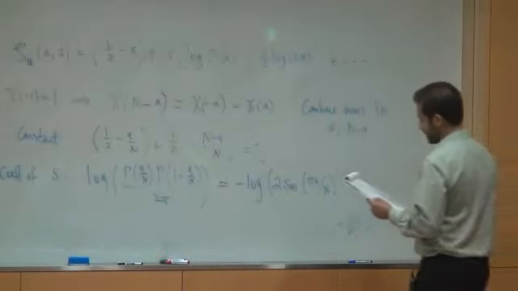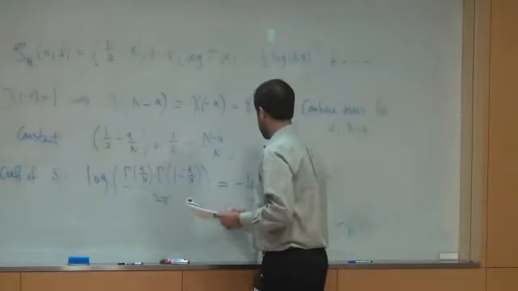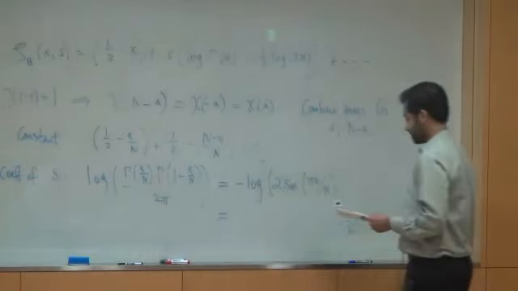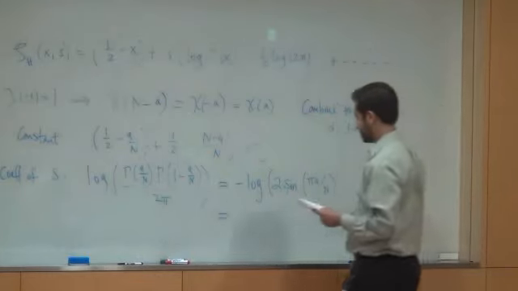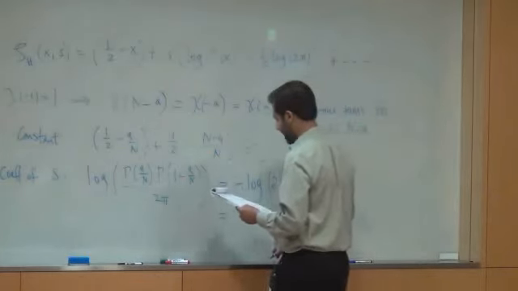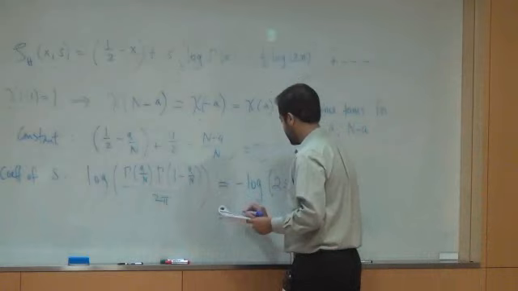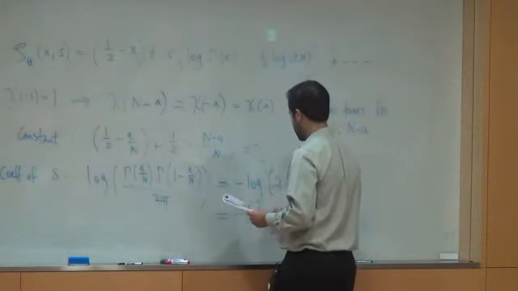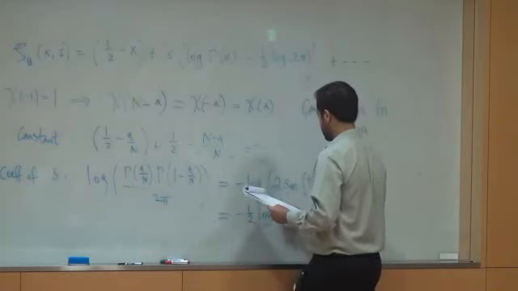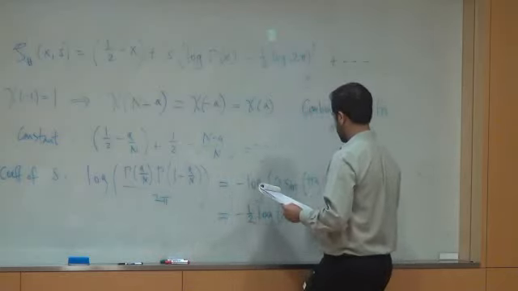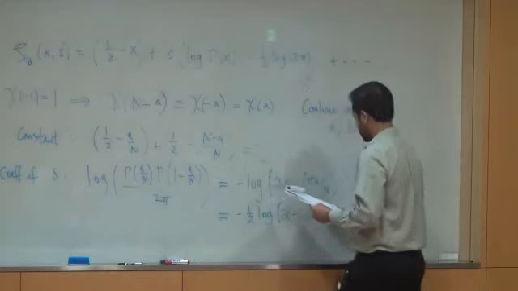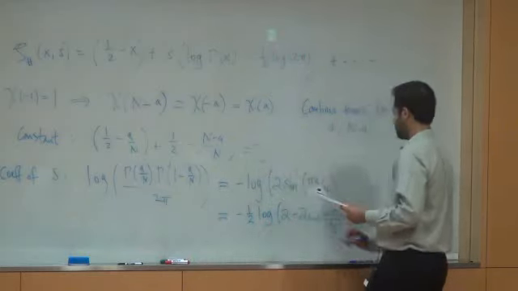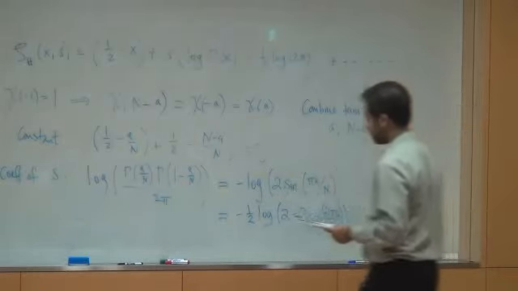Okay, and I want to write this in a particular, slightly different way, maybe slightly more suggestive, using the half-angle formula for cosine. I can write this as minus 1/2 times log of 2 minus 2 cosine 2 pi a over n. Okay?